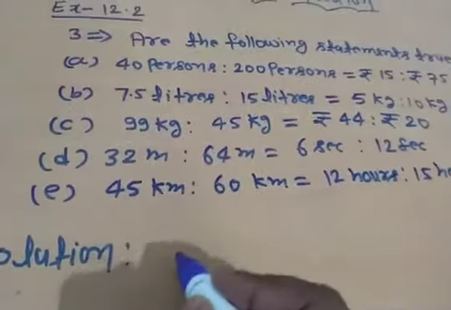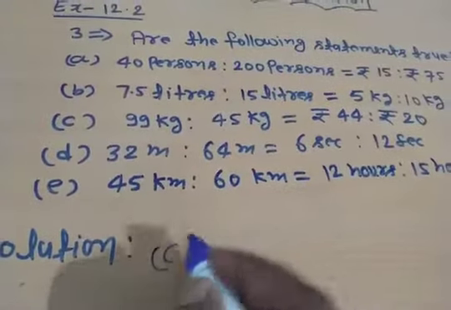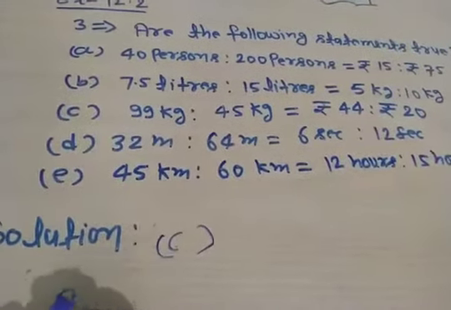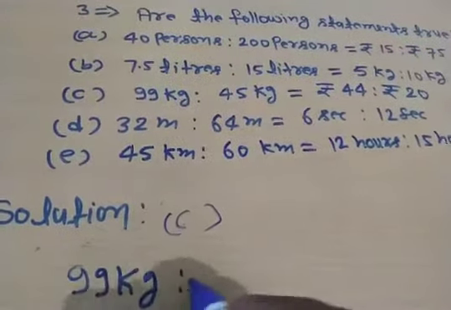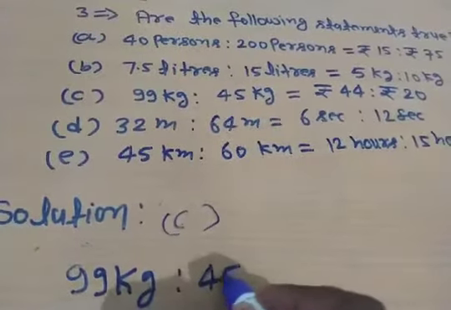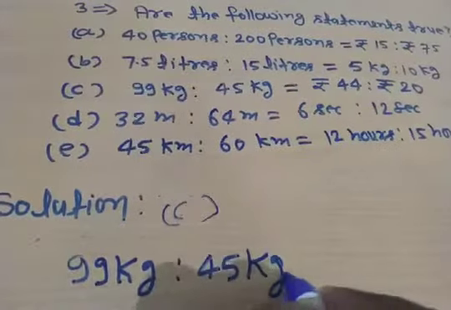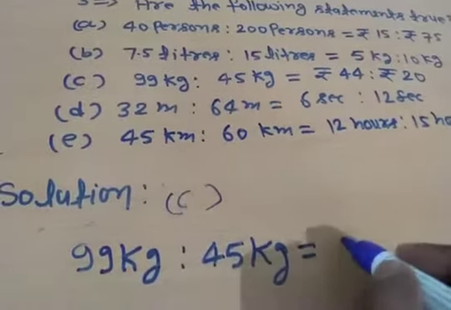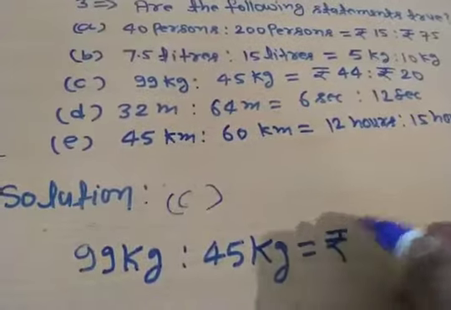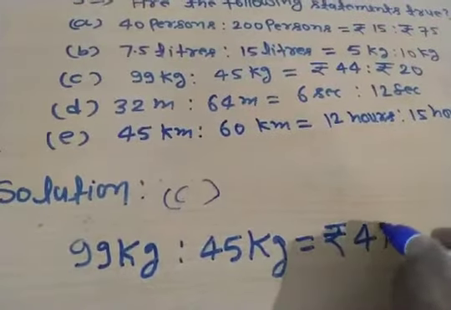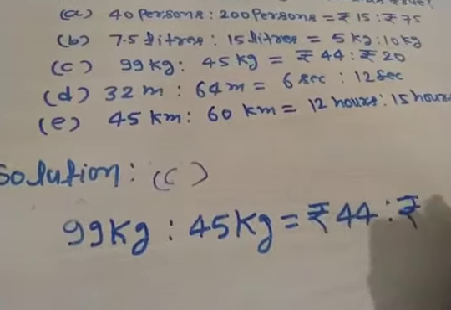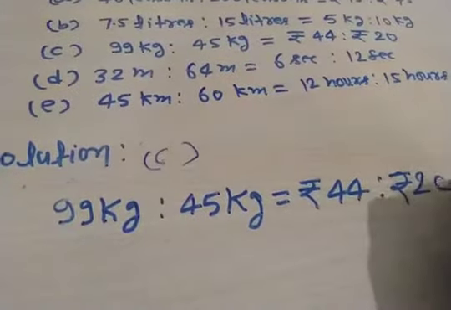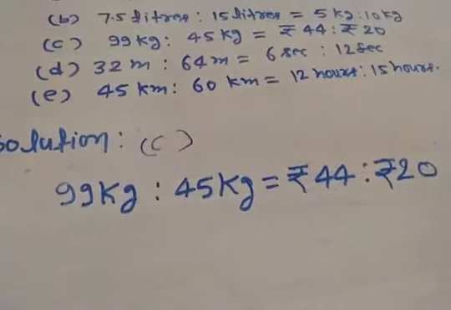And this is C part. 99 kg ratio 45 kg is equal to rupees 44 ratio rupees 20.